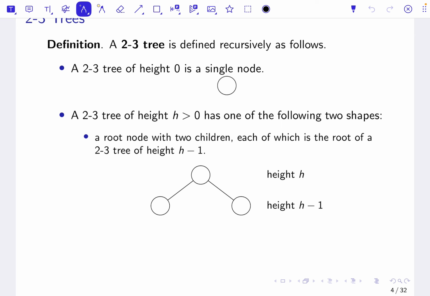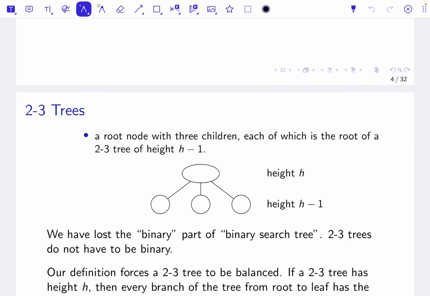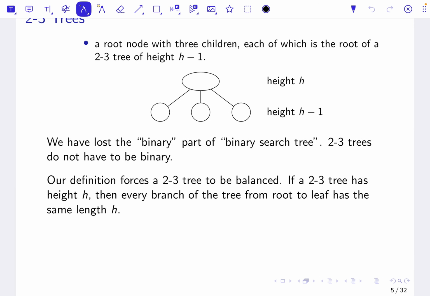It can be a root node with two children, each of which is the root of a 2-3 tree of height h minus 1. Also familiar, if we just stopped here, then we would have binary search trees. The definition is identical so far. But it can also be a root node with three children, each of which is a 2-3 tree of height h minus 1.